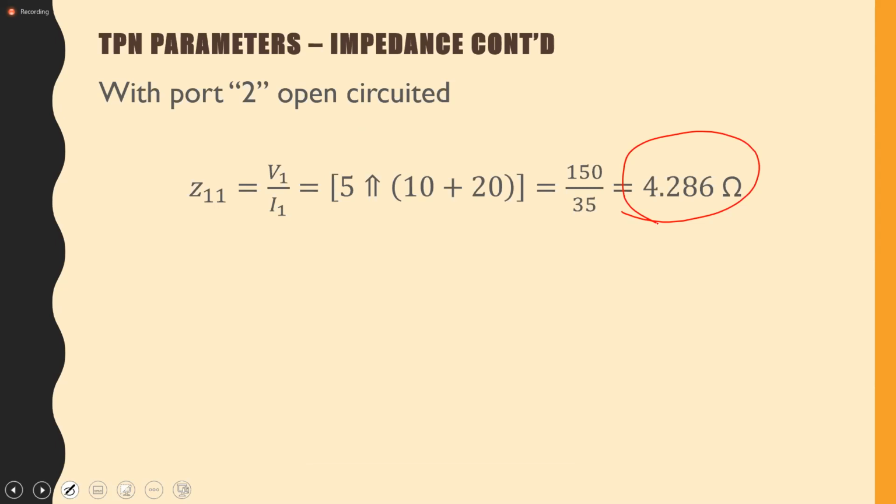Please don't include the decimal. I really don't know why I did that, but anyway. Focusing on the same port, meaning port 2 remaining open, as we said just now, we can find Z21. So with that same port open, Z21 would be V2 over I1.